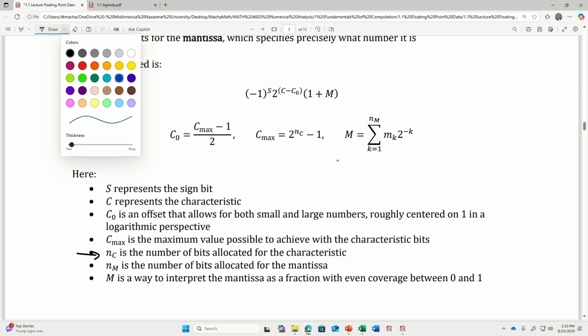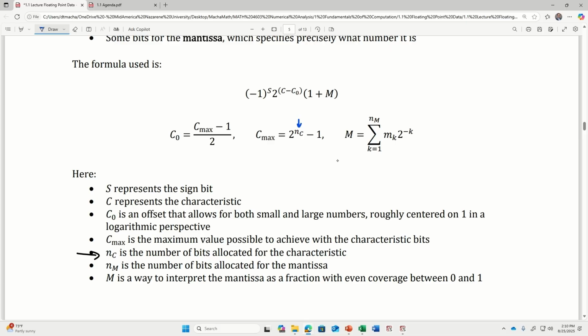That's just 2 raised to the power of something, and the n_C is the number of bits that you allocate for the characteristic. And that changes depending on what data type we're talking about.